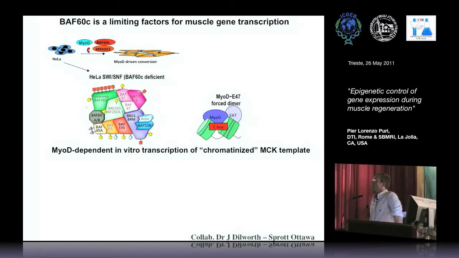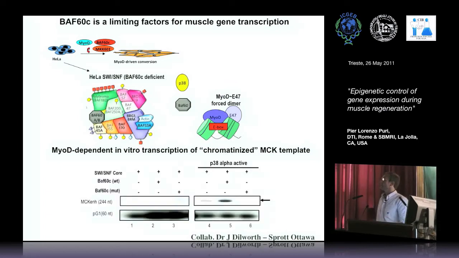And we incubated in vitro the HeLa SWI/SNF complex, which is deficient of BAF60C, the MyoD-E47 dimer, and then the kinase, the purified P38 alpha kinase, and the recombinant BAF60C.